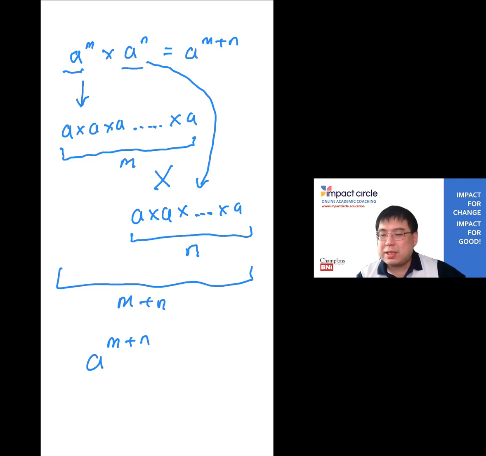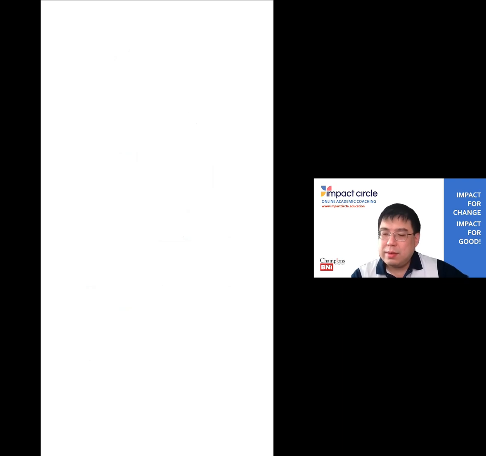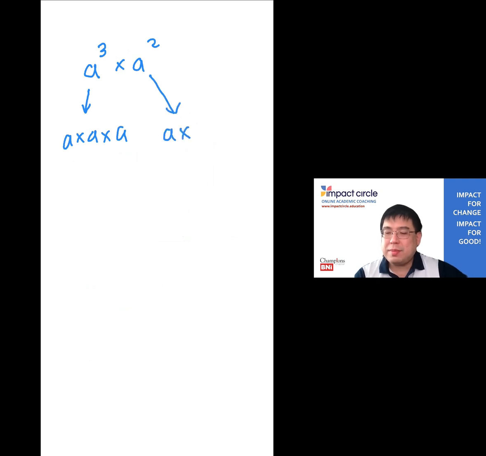Okay, let's take a look at a simpler example. If we have a to the power of 3 multiplied by a to the power of 2, the first term is actually a times a times a, 3 copies of a multiplied together. The second term is a times a, 2 copies of a multiplied together.